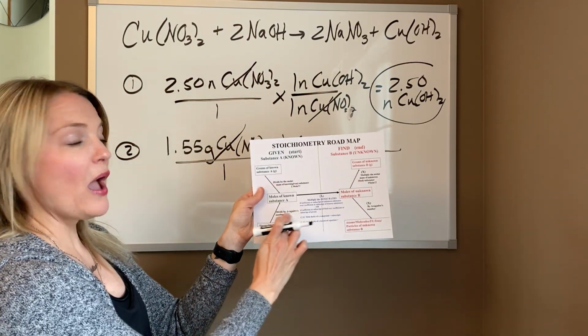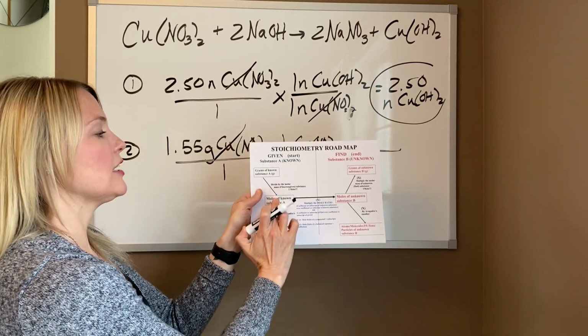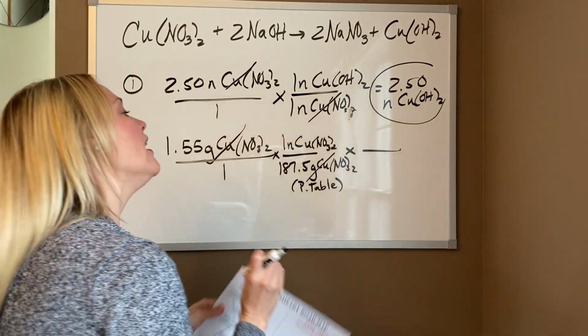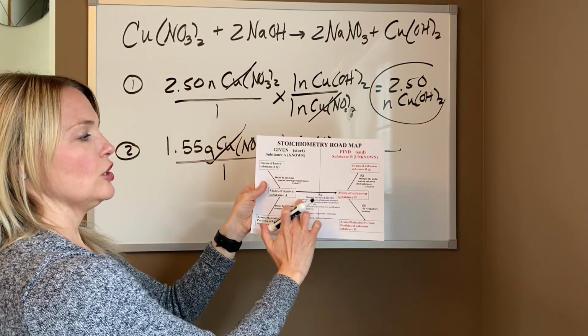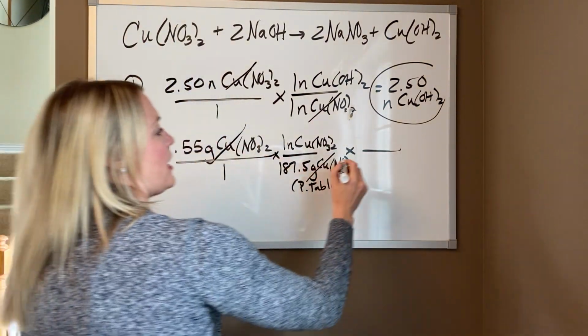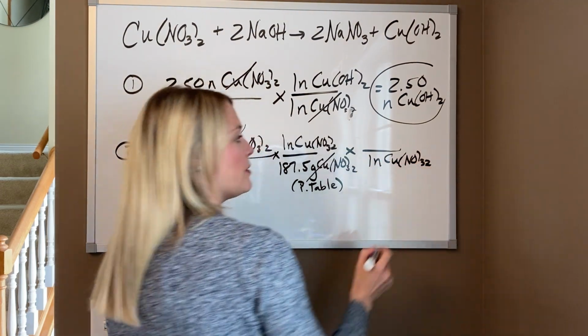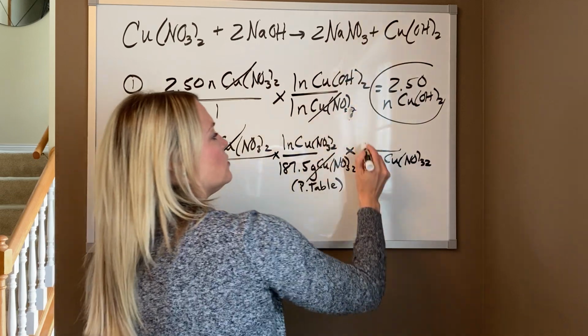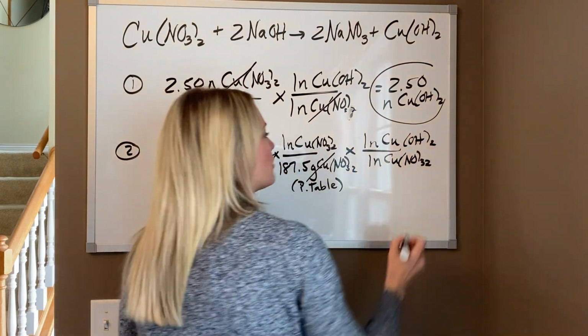I am now at a good point in my roadmap that I can do the stoichiometry. I can jump from substance A to substance B. Again, just aligning my fractions. It will remind you, use the coefficients. So I have 1 mole of copper nitrate from the balanced equation. I am still going to copper hydroxide, 1 mole of copper hydroxide.